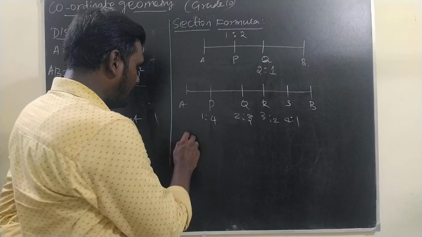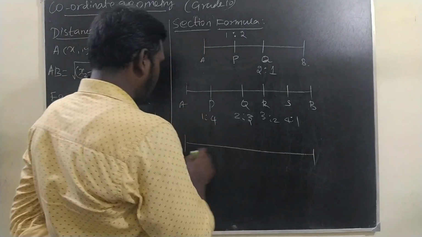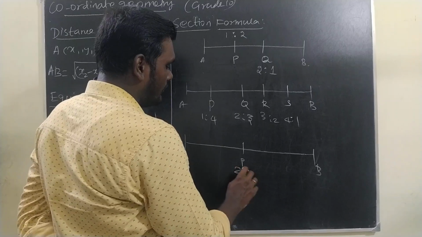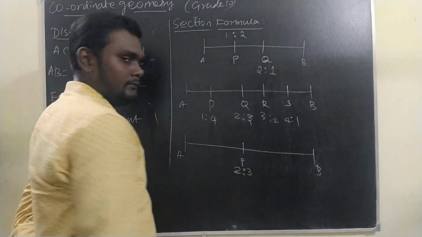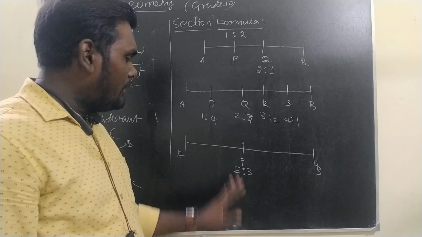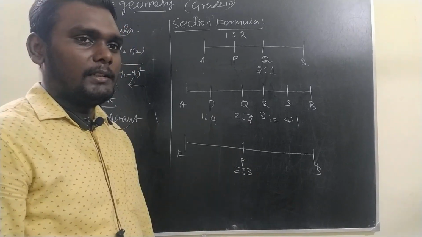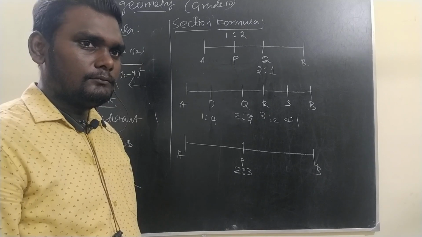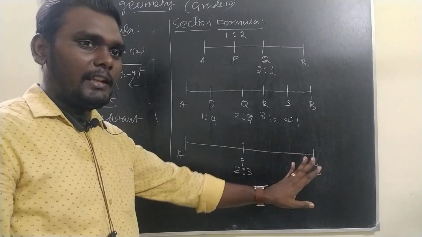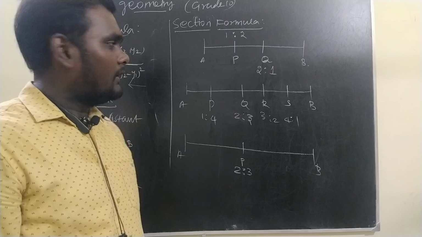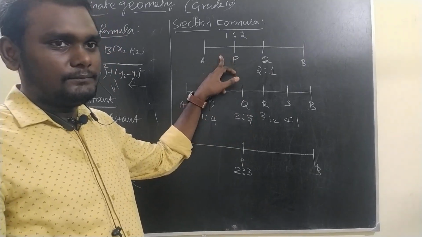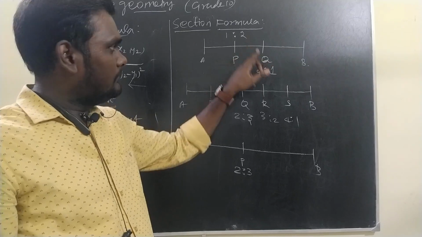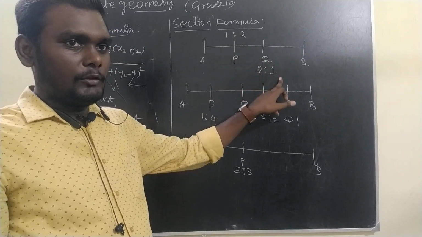Suppose I have this line segment AB and this point P divides it in the ratio 2:3. Now, how many equal parts has this line segment been split into? See, here we split into 3 equal parts: 1 plus 2, 3. Here, 2 plus 3.